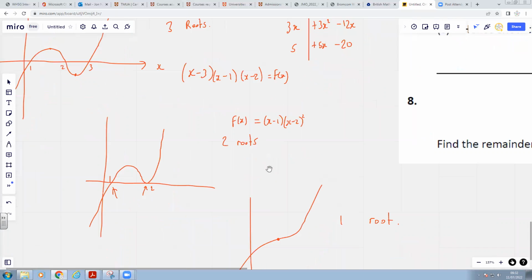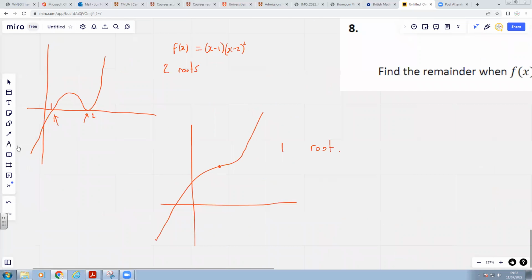Now, an example where you get something like this is where you've got what we've got here, f of x equals x, let's say x plus 1. I can't remember if it was plus 1 or minus 1, but x squared plus 3x plus 5. Now, that gives you one root there, but it doesn't give you any other roots because this doesn't factorize.